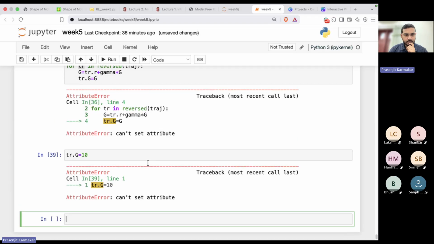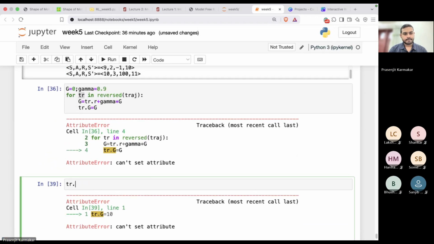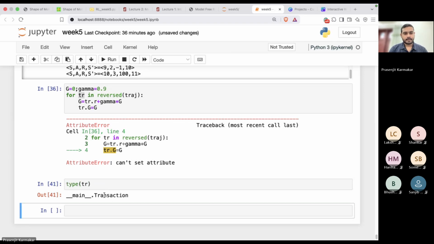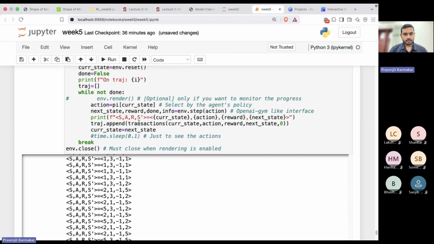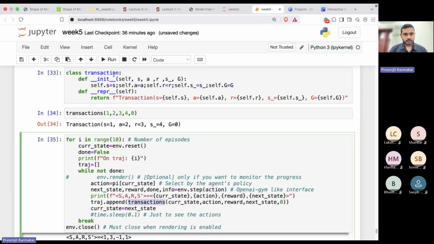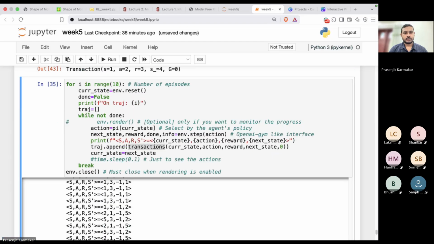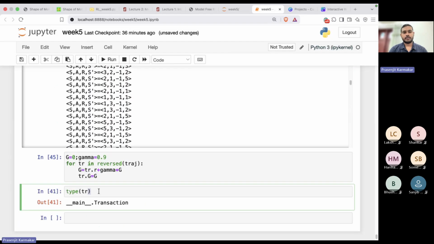Why can't I set the attribute? Oh, sorry, this needs to be transactions. Now I can set the attribute. Okay.